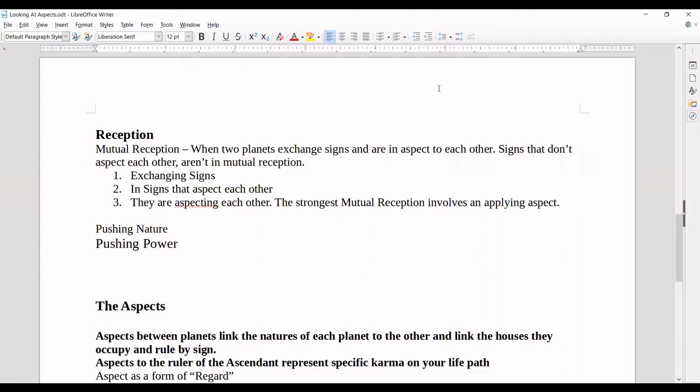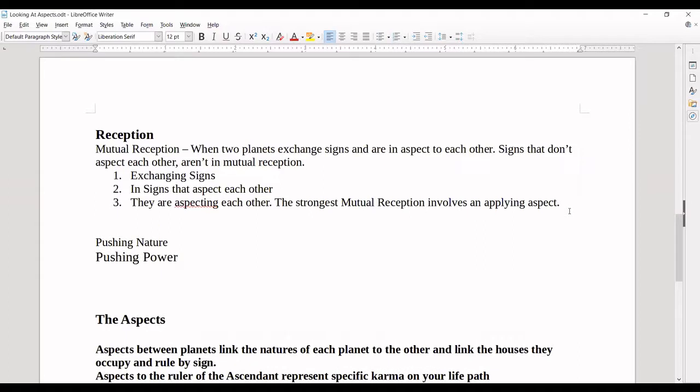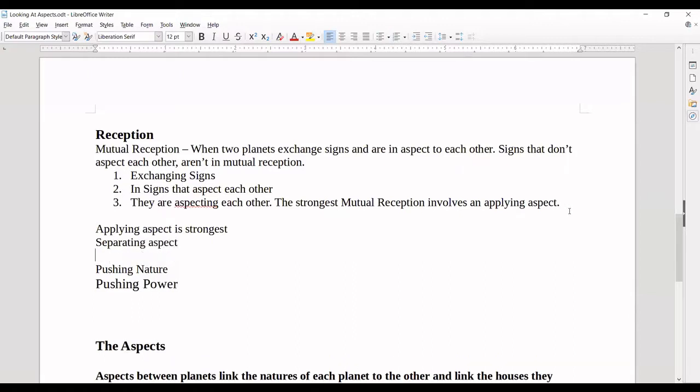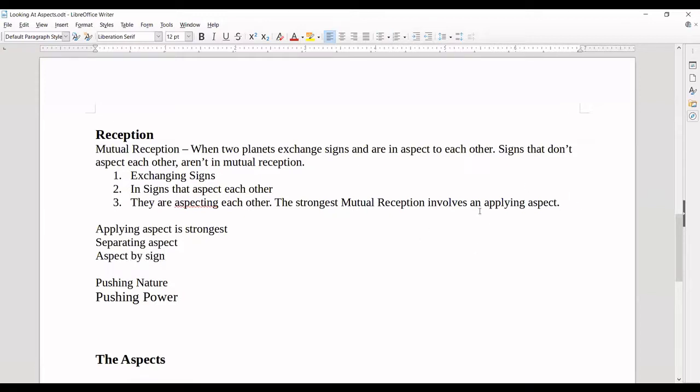So the strongest mutual reception is obviously an applying aspect. Then separating. Then aspect by sign. Okay, so those are the three strengths of the mutual reception.